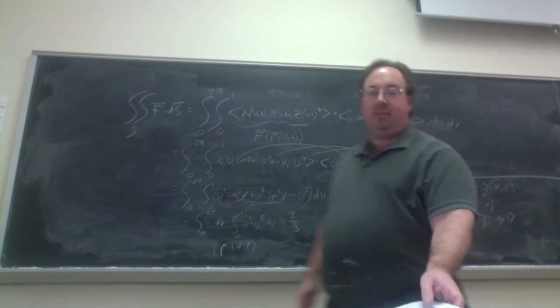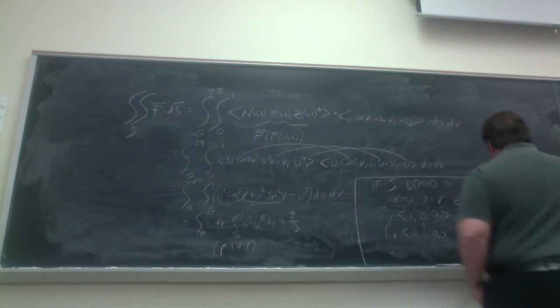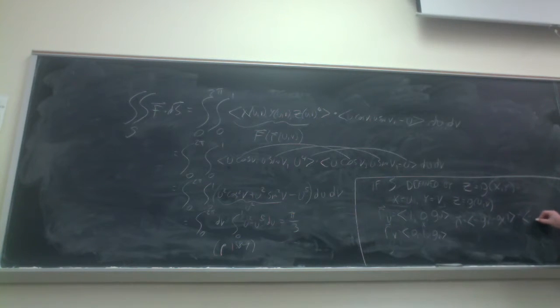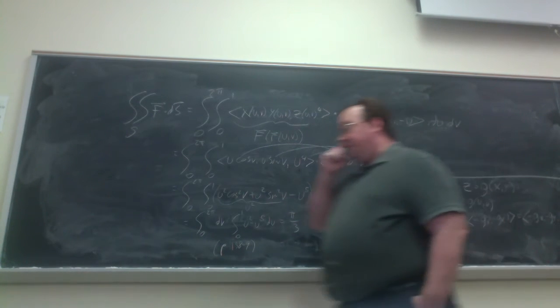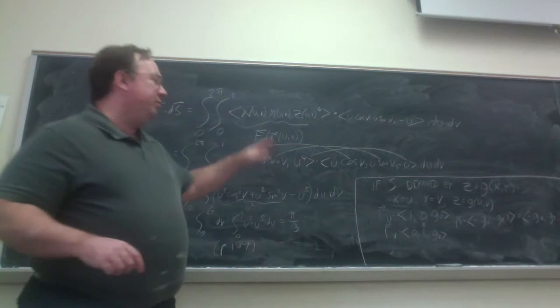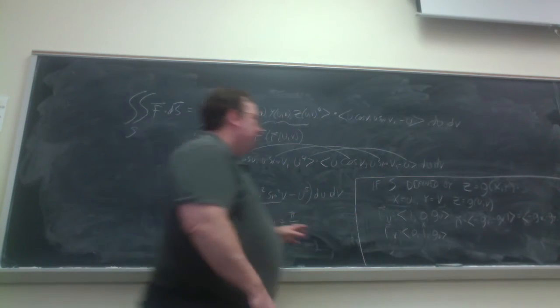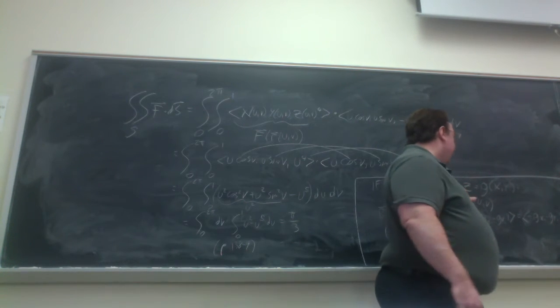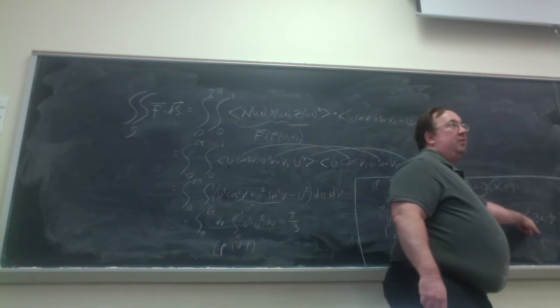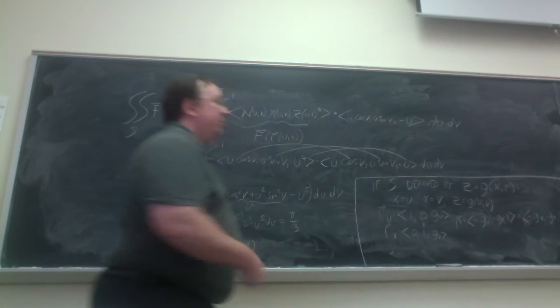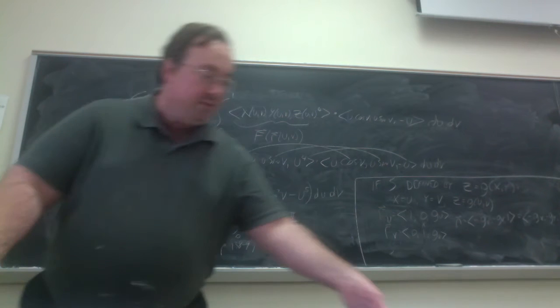Or you can think of this as, if you keep everything in terms of x and y, minus gx, minus gy, and 1. So what you can do is, you don't have to go through parametric equations in this case. You can take this description and jump directly to using this as the normal vector, and then setting up your integral from there. Save yourself a little time.